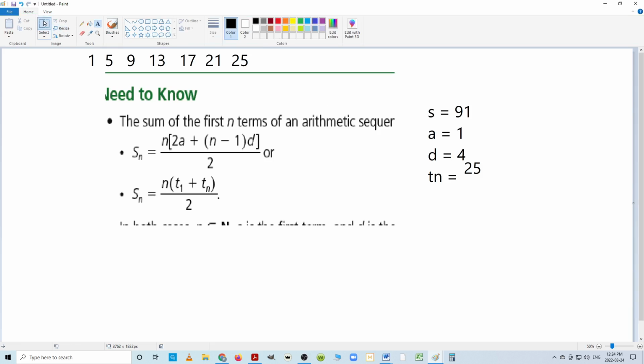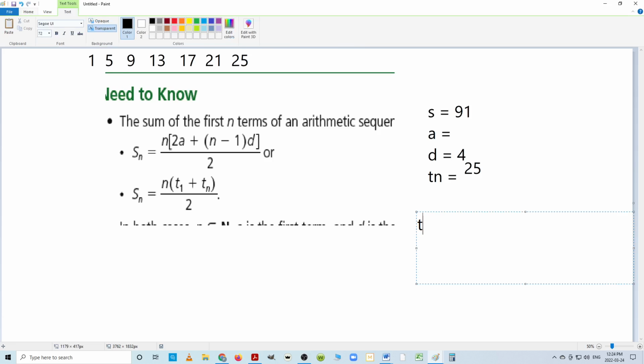And actually, they're going to do something tricky even. They're not going to tell you the first term. So you have to use your knowledge of the first recursive formula. Say, well, Tn is equal to the first term plus the difference times n minus 1, and they're going to tell you n is equal to 7. There's 7 terms. I know the number of terms is 7, so 7 minus 1 is 6.